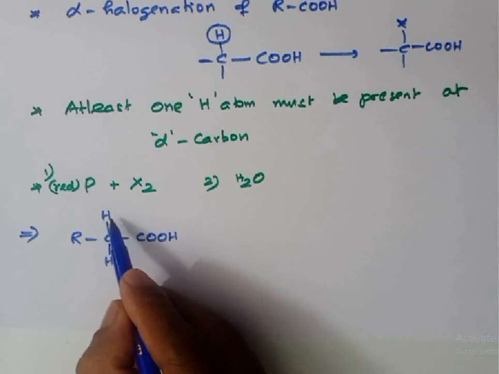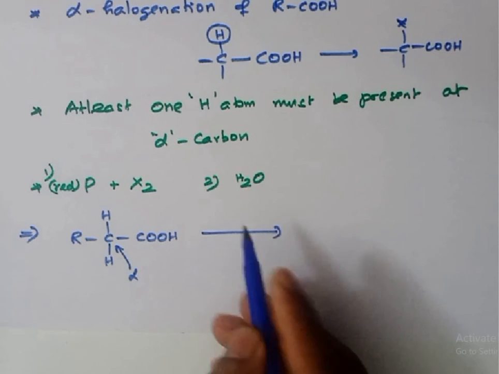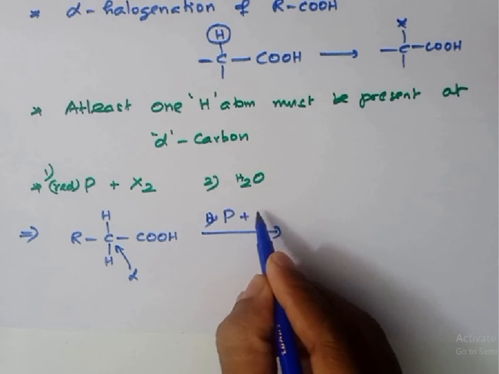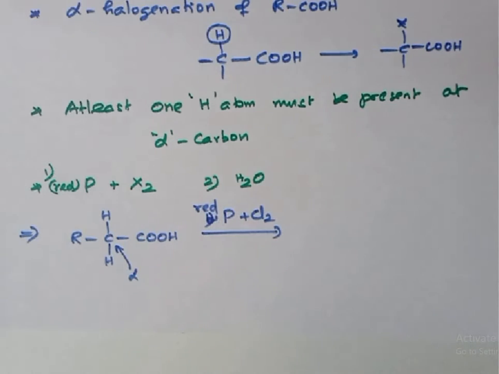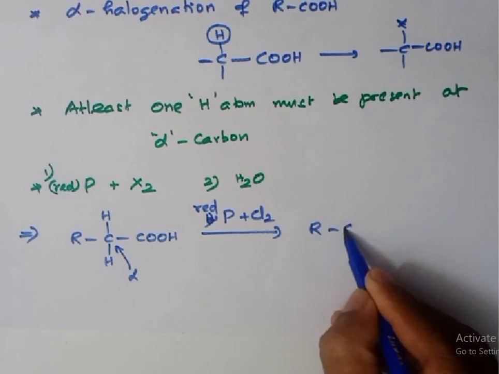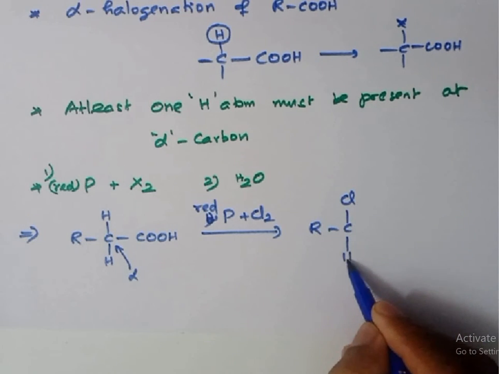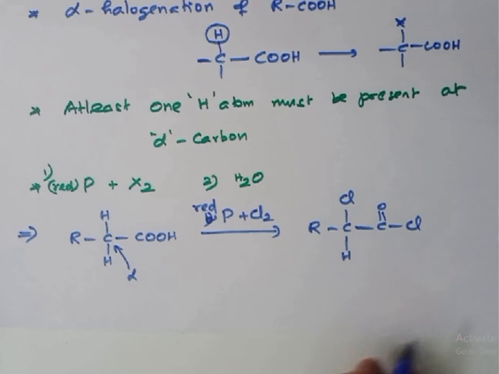The alpha carbon contains hydrogen. Now first I'll treat it with red phosphorus plus some halogen, say chlorine. In the first step, one hydrogen is replaced by chlorine, and the acid becomes COCl.